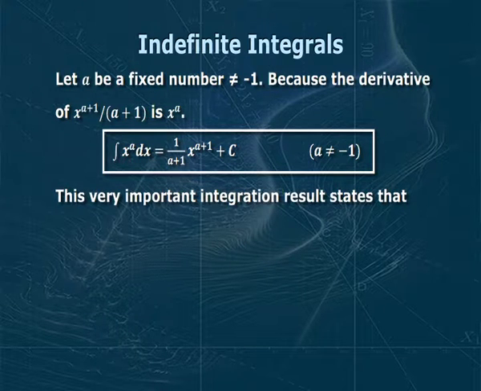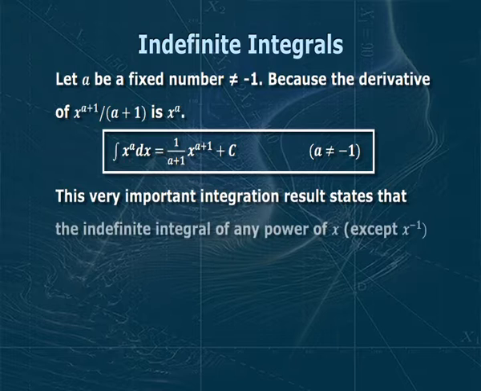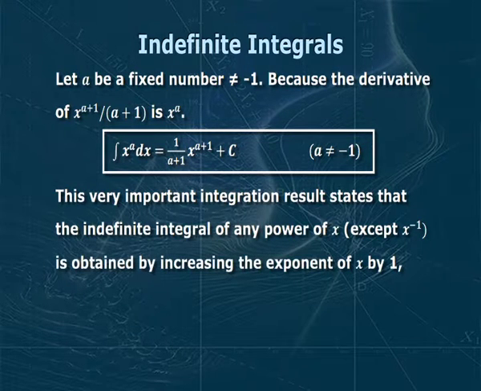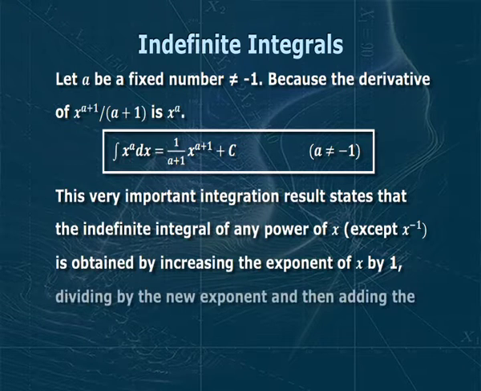This very important integration result states that the indefinite integral of any power of x except x raised to power minus 1 is obtained by increasing the exponent of x by 1, dividing by the new exponent and then adding the constant of integration.